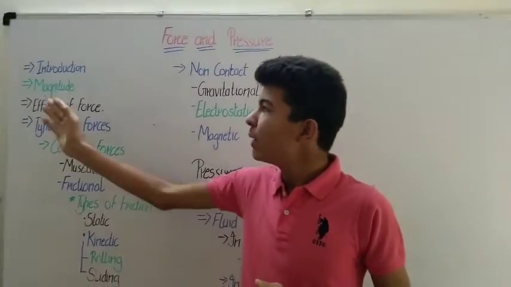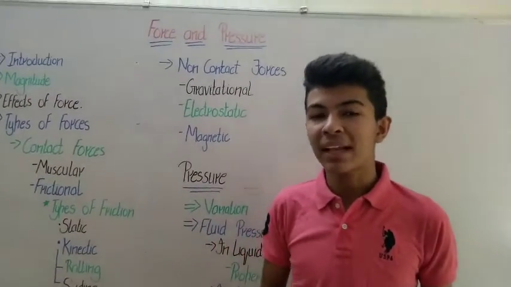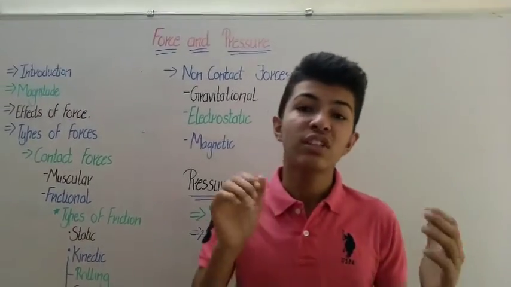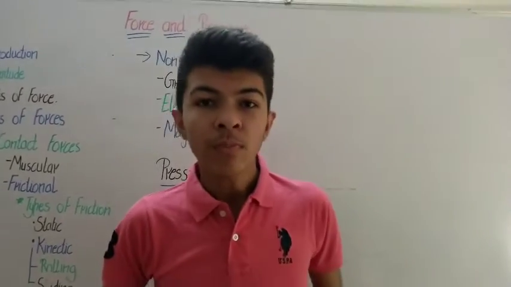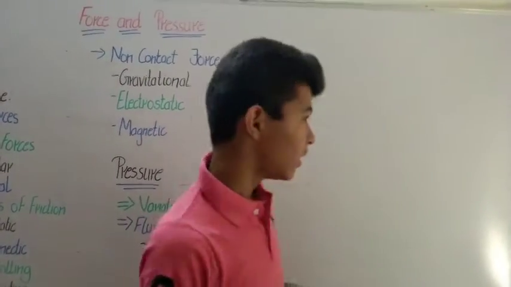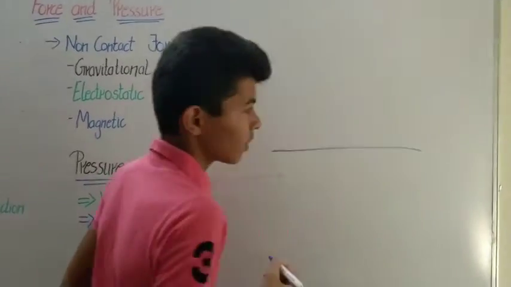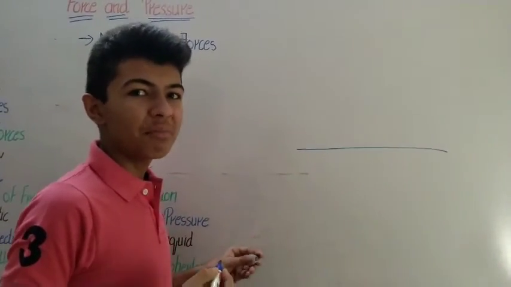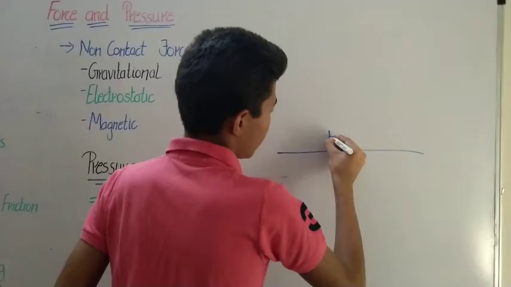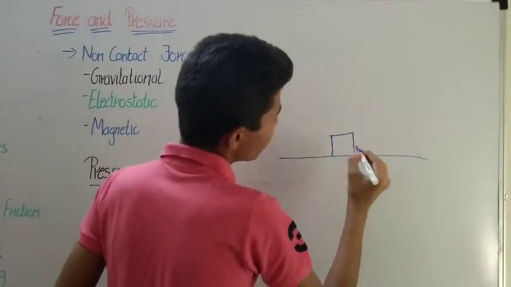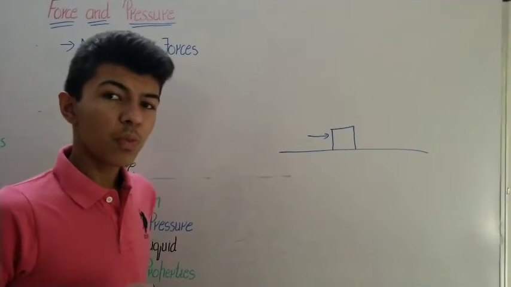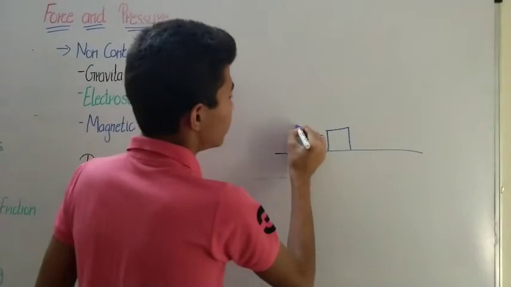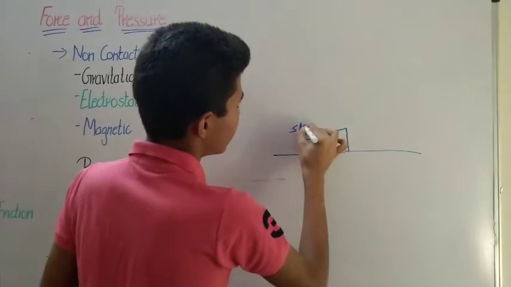So now let's move to the magnitude of forces. What is the magnitude of a force? It is how much force you are applying. Let's take, for example, a slippery surface. I will tell you why I am taking a slippery surface. You place a block here and start pushing it in this direction, with 5 newtons.